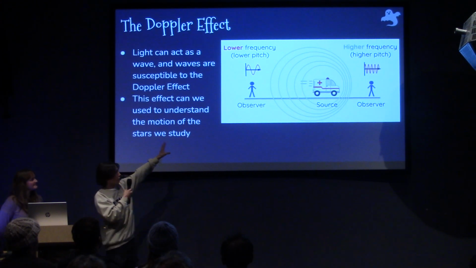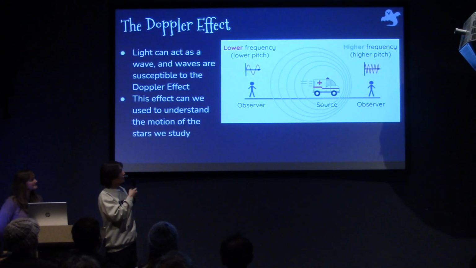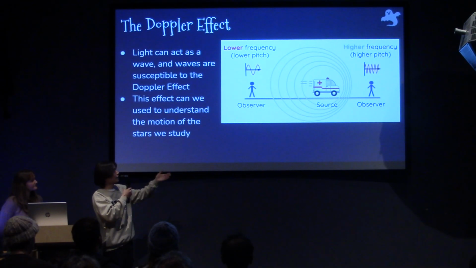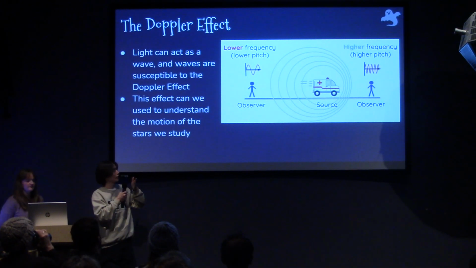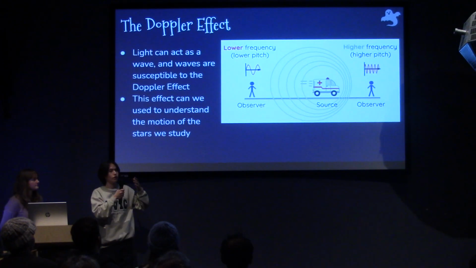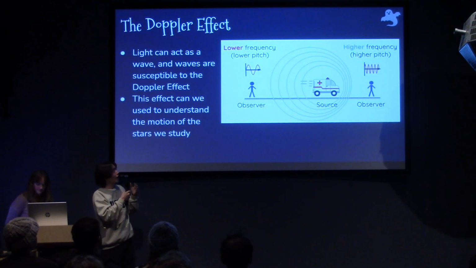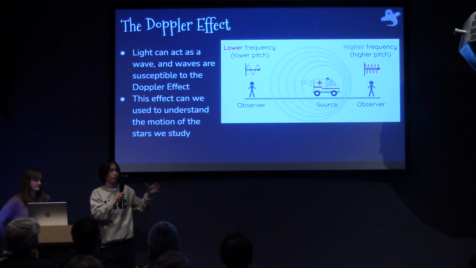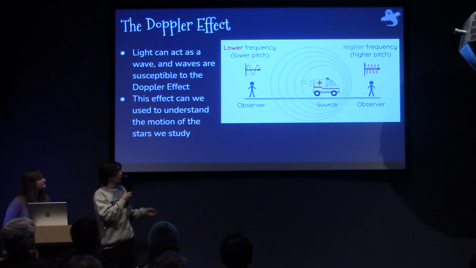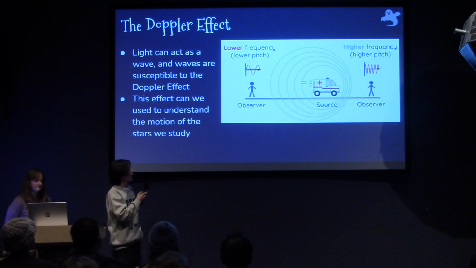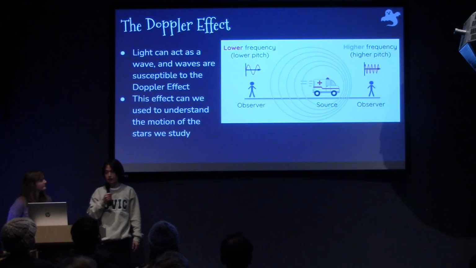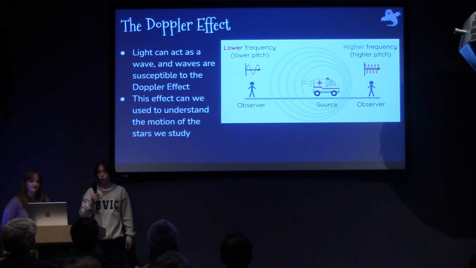As you see on the right here, you can see the source, the ambulance, and the sirens. As the sirens move towards you, you experience a higher pitch noise. And as it moves away, it's lower pitch than what you would observe if you were within the ambulance itself. This is very useful because, as I said, this works also with light.